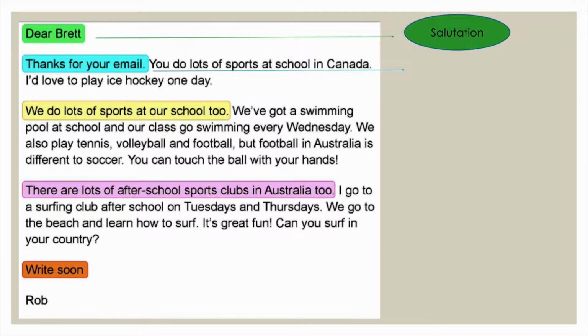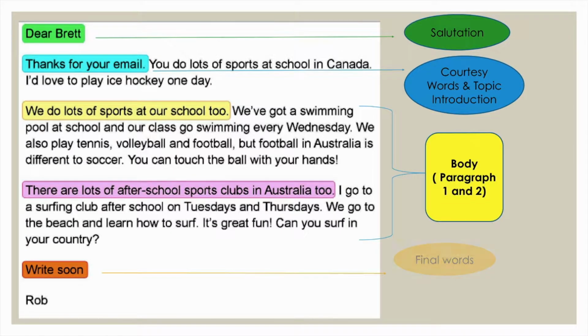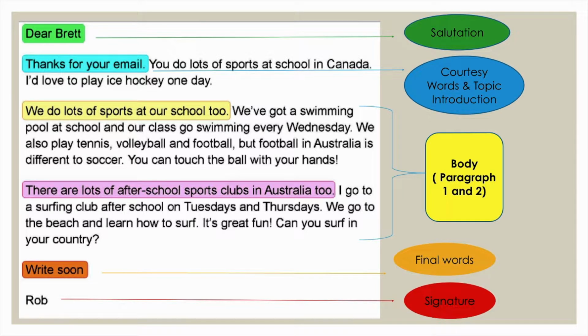Let's start with a little review of the structure of an email. Remember that we worked a lot on this last year, so this is just for you to refresh your memory. The first section is always the salutation. Then come the query words and topic introduction.